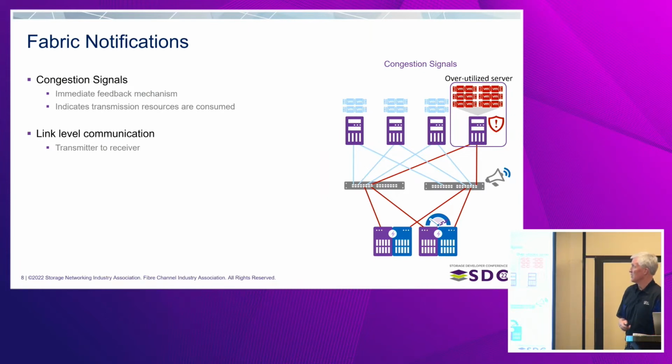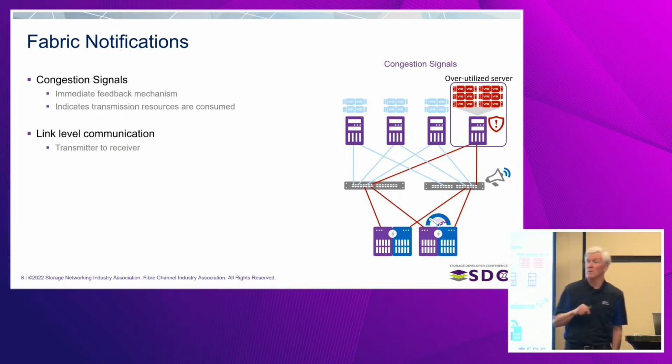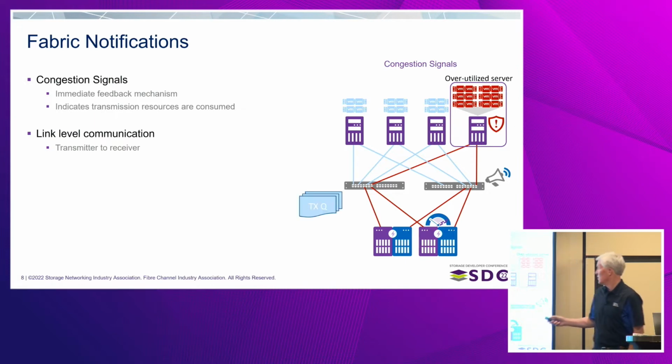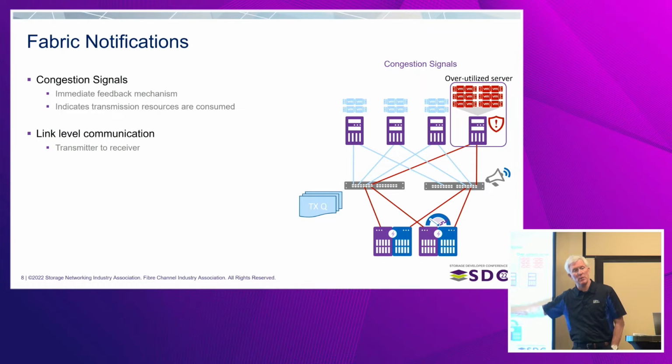The congestion signals are designed, as I mentioned a little bit earlier, to deal with credit stall. And that's in a lossless environment. That's the case where I've said, I've got 10 credits to be able to receive frames, and I've used them all. So I can't send you credit back to say I have any more place to put frames. When that particular condition occurs, what we see is that I/O starts to build up at the transmitter.